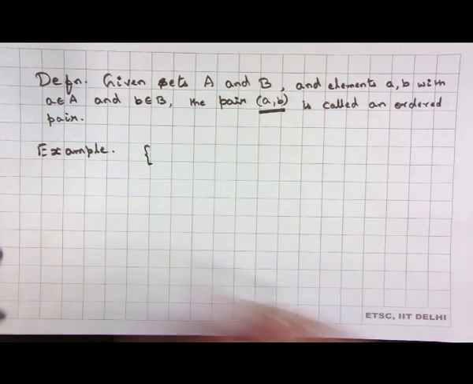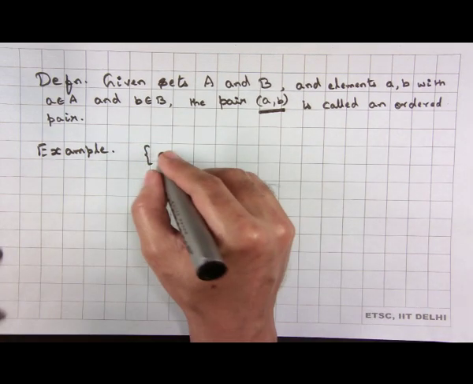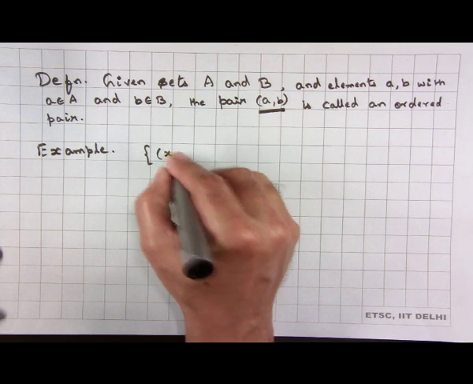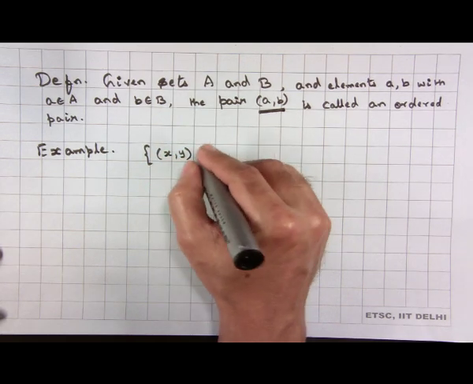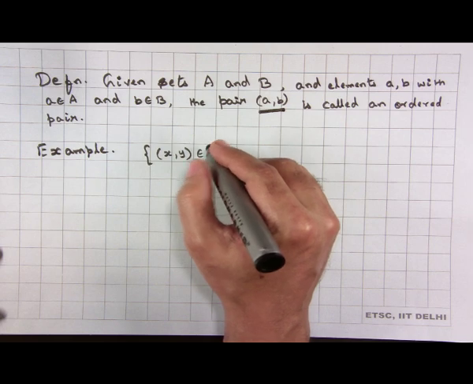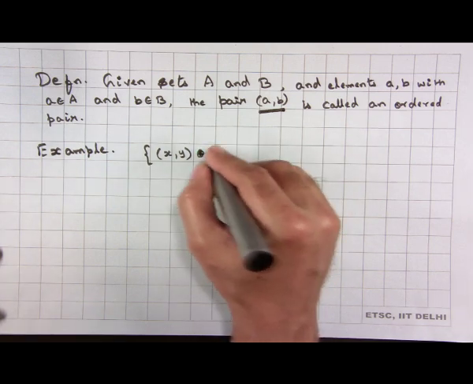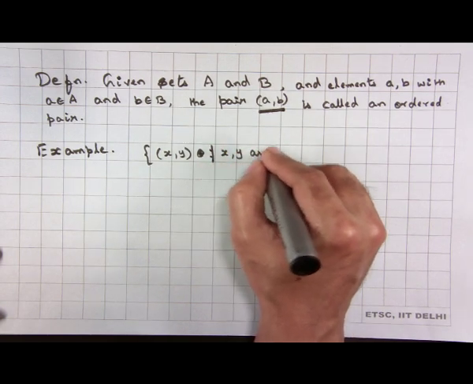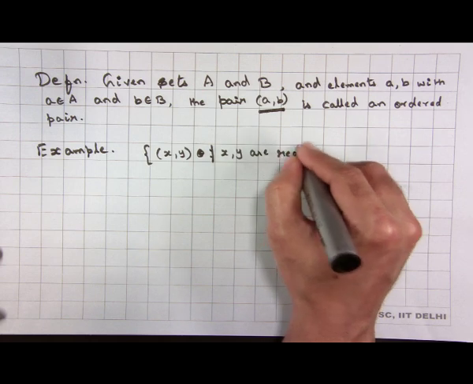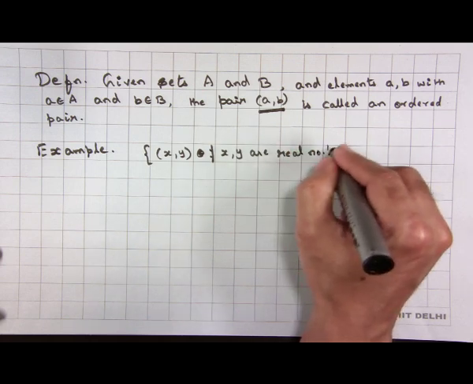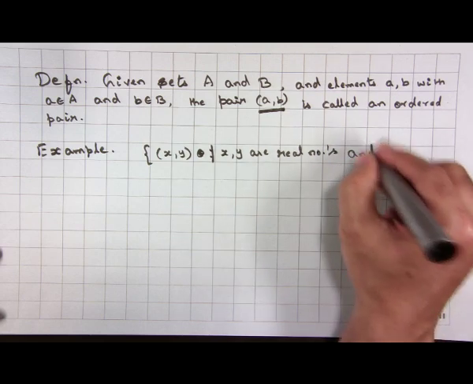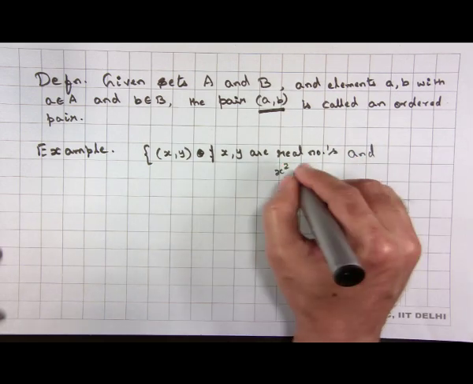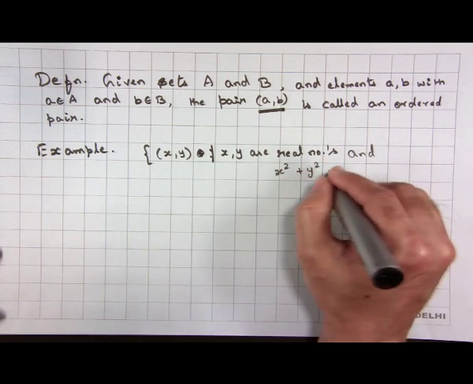Let us look at all those elements x comma y, all those x comma y such that x and y are real numbers and x squared plus y squared equal to 1.